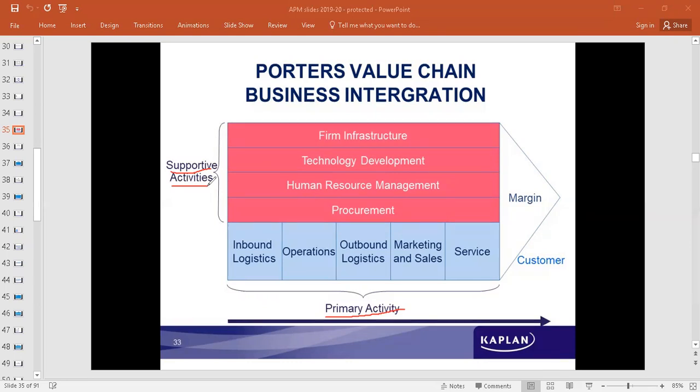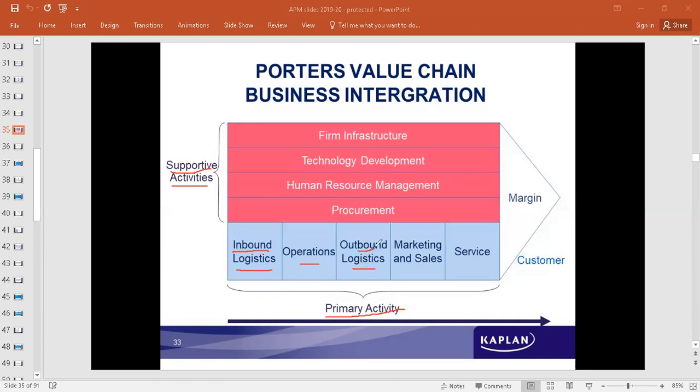Okay. So the first set of activities are primary activities. The first one is inbound logistics. Logistics refers to the movement of material. We see first inbound logistics, then operations, then outbound logistics, marketing and sales, and services.